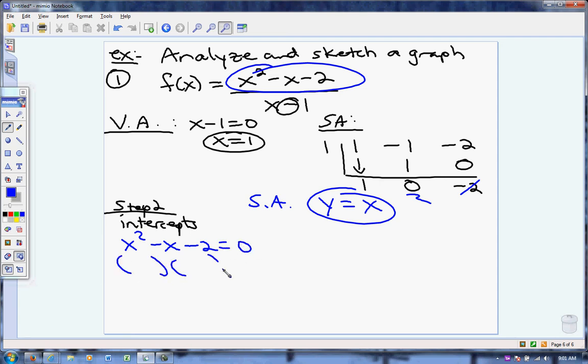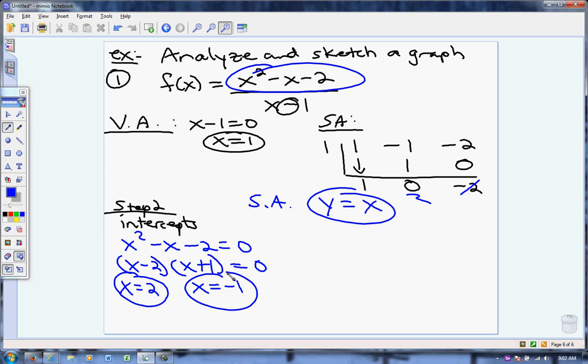That one will factor pretty easily: x and x, minus 2 plus 1. It looks like I have intercepts at x equals 2 and x equals -1. Those are x-intercepts.